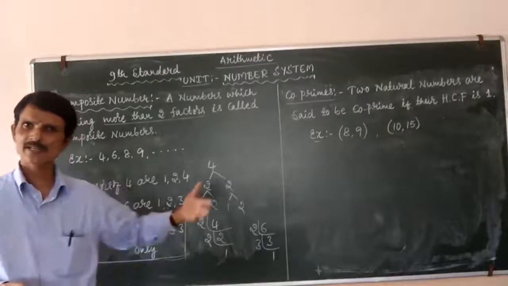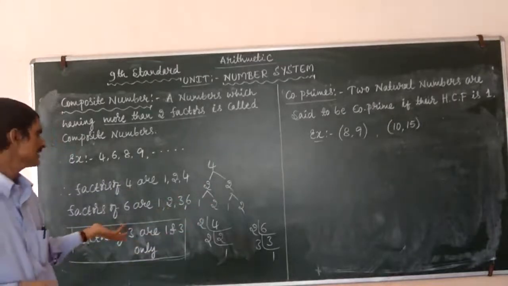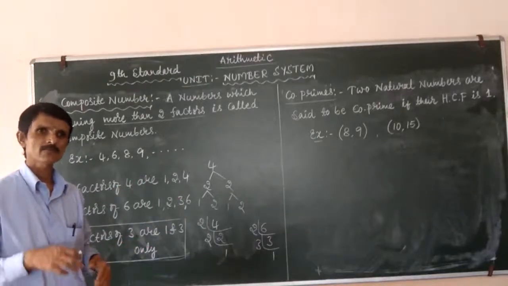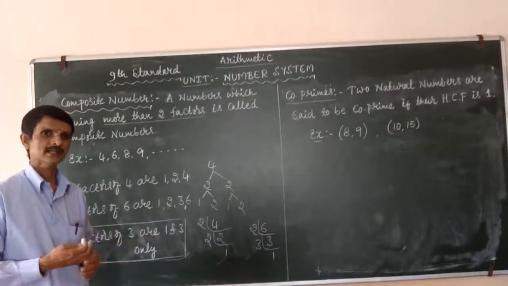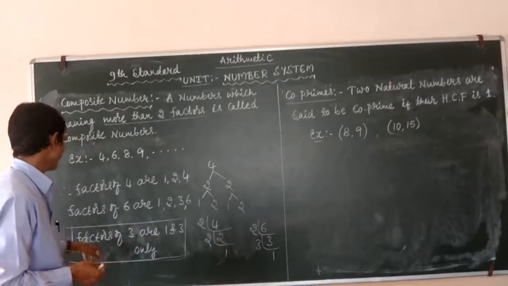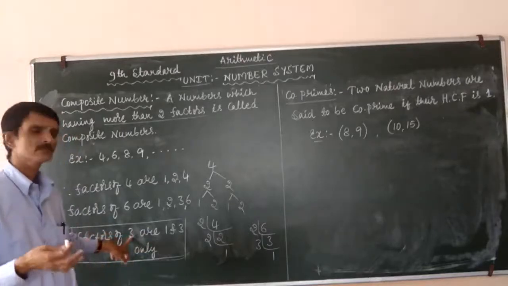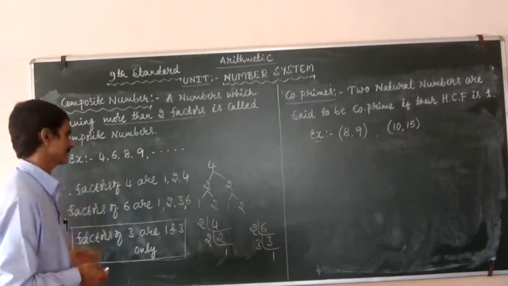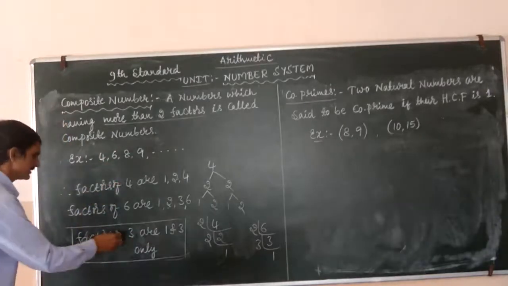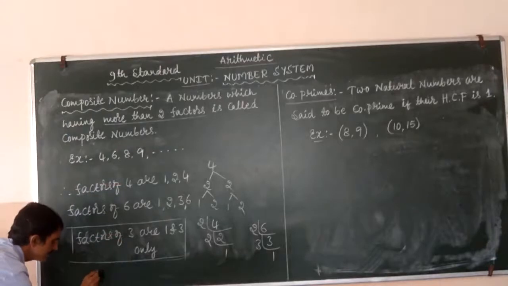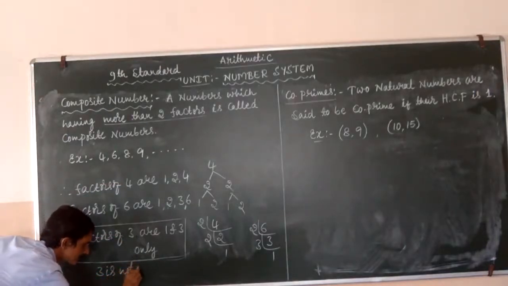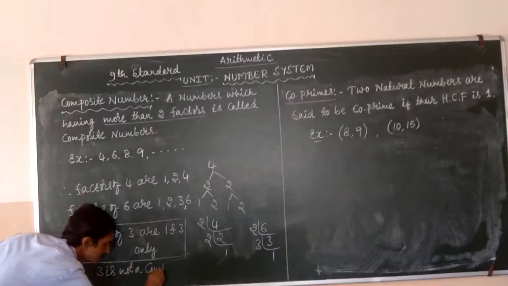Therefore, 3 is called a prime number. Similarly, for 5, 1 and 5 are the factors. So 3, 5, 7, such numbers are called prime numbers.